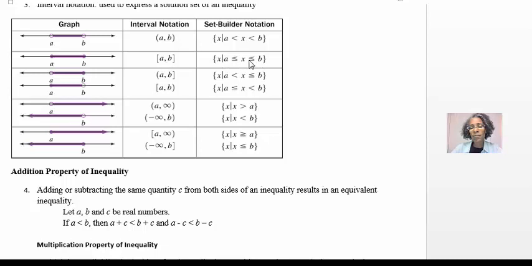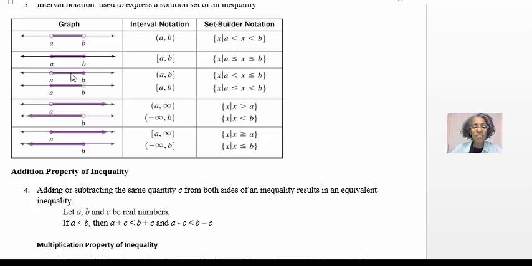When we write this as a compound inequality, we use this compound statement that this is the set of all x such that A is less than or equal to x and x is less than or equal to B. So these three describe the same set of numbers, just using a different method of representation.